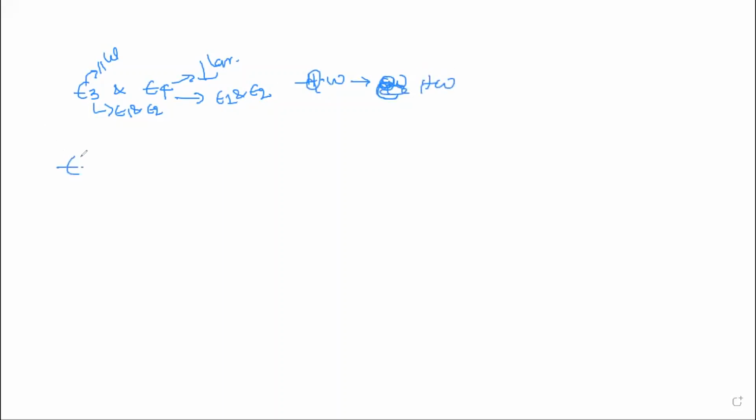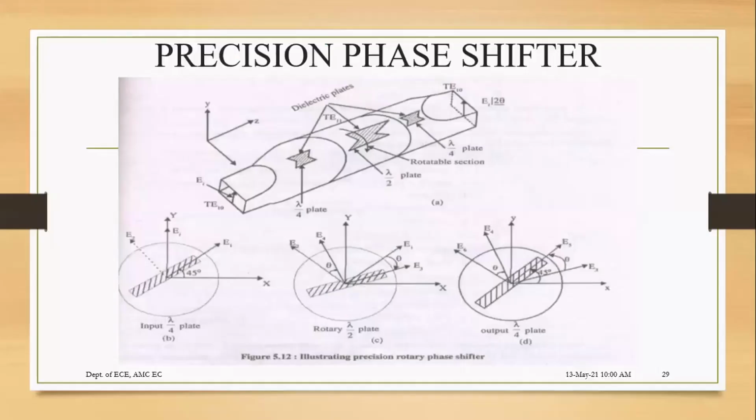Now the E3 component will have E1 cos theta minus E2 sin theta, which is again giving you the phase shift e to the power minus j twice beta 1L. So you can see the figure here, where you are representing your quarter wave section, the second one.